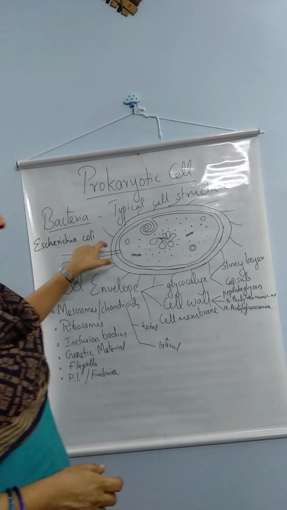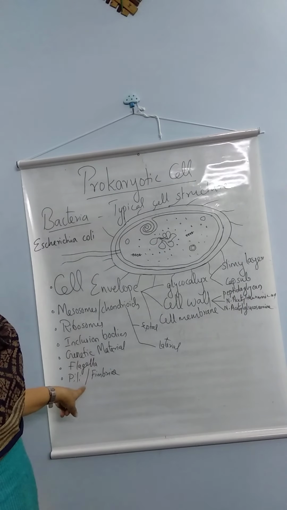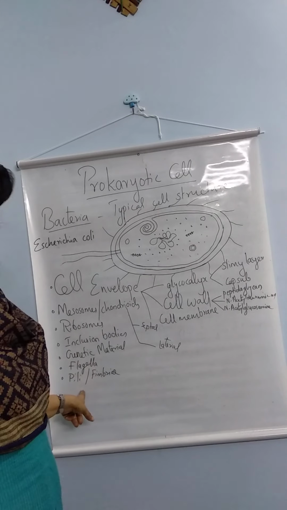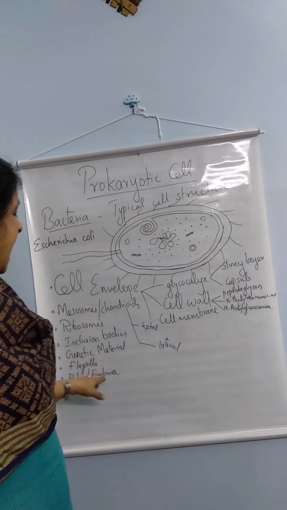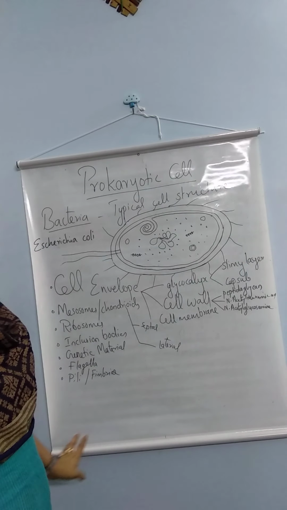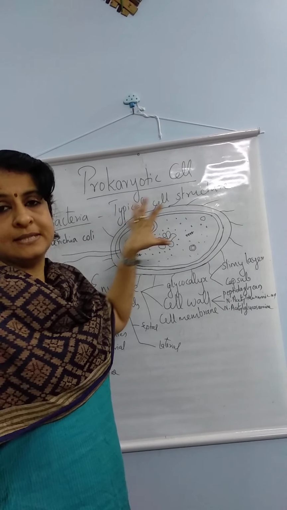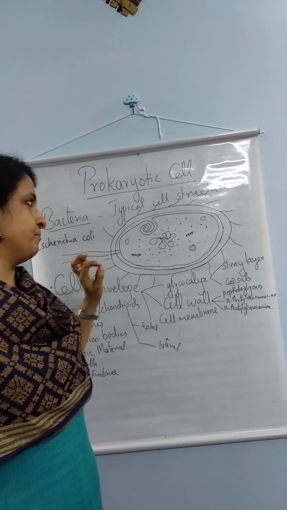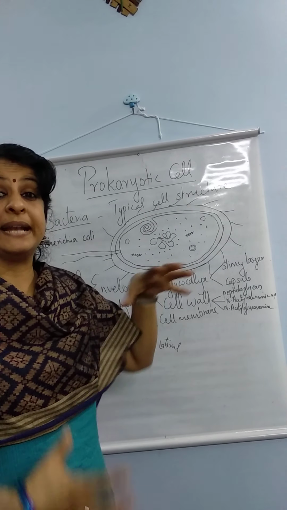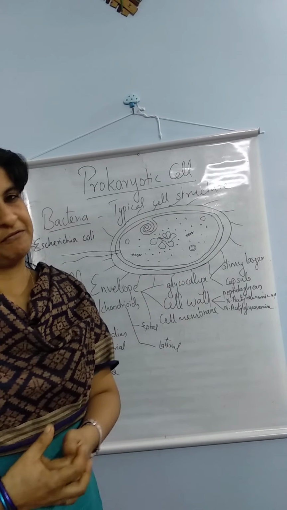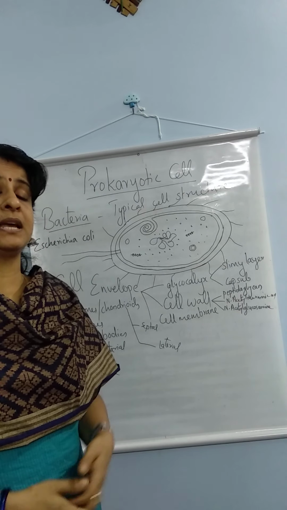Other than flagella, there are some other structures called pili and fimbriae. Both are the same. These are small hair-like structures seen all around the body of bacteria. Their main function is to attach to specific surfaces, maybe to some other bacteria or to the host cell.